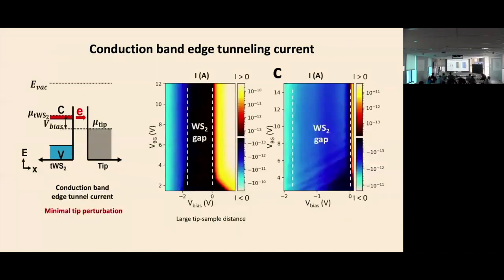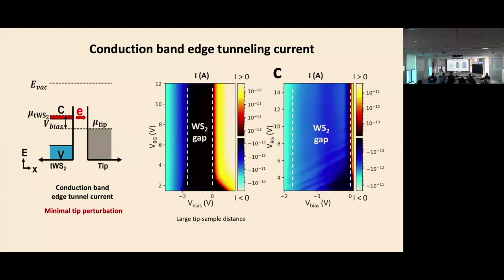Here I'm just showing some experimental results related to this tunneling behavior. The left part shows a dI/dV curve, or maybe a tunneling current, as a function of the bias voltage between the tip and the sample, with the vertical axis being the gate voltage.